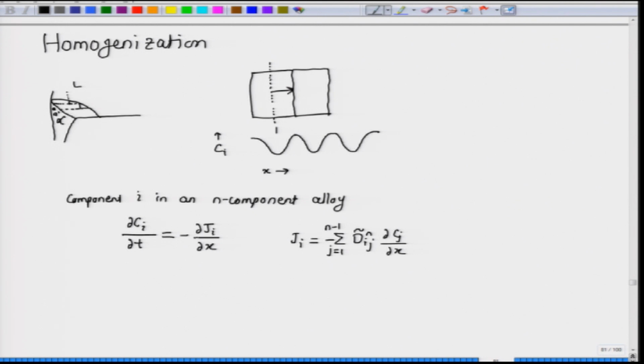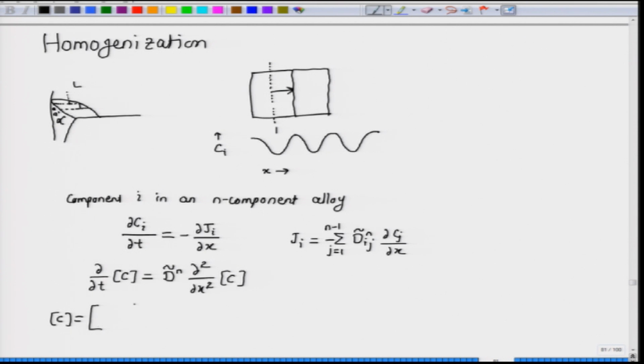If we substitute for Ji, we get a coupled diffusion equation, and as we have seen before, if we use the matrix approach, it simplifies the problem. So, if we write this equation in matrix form, we can write dou by dou t of matrix C equal to D tilde n dou 2 by dou x2 of C, and we know this matrix C is a column matrix.